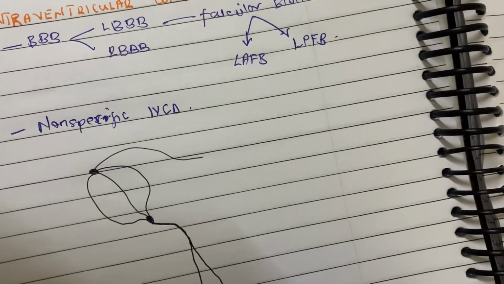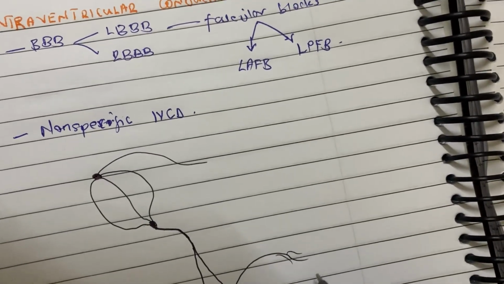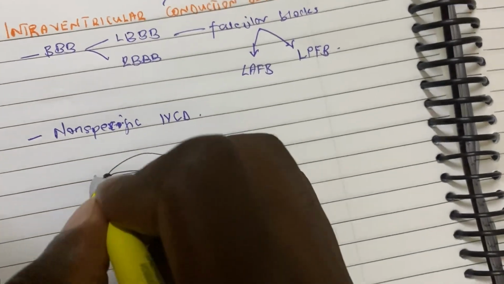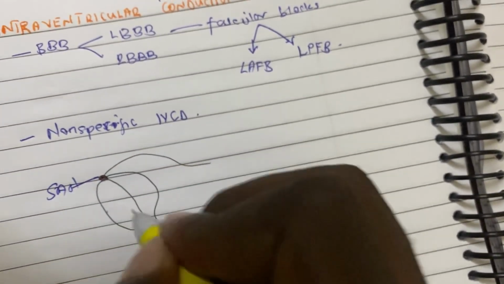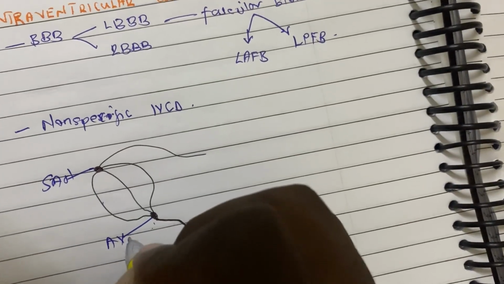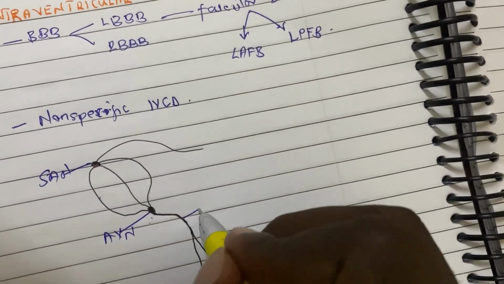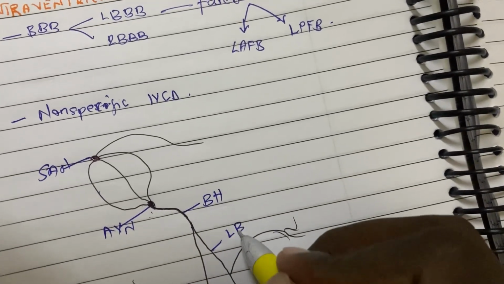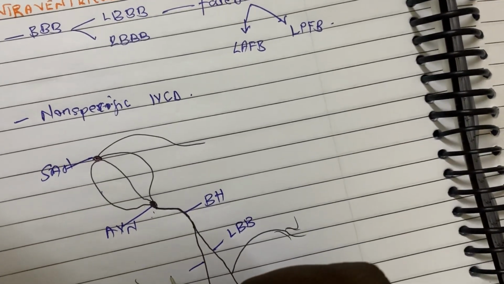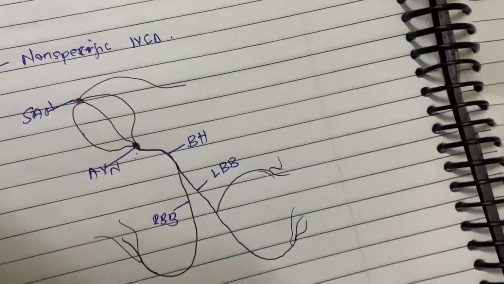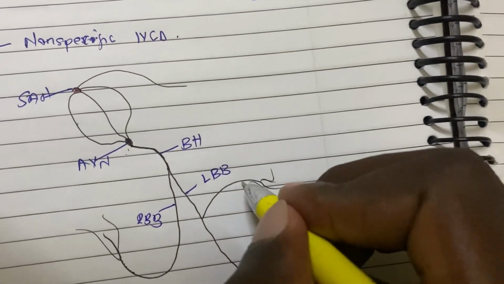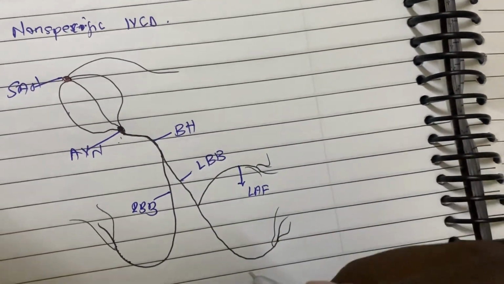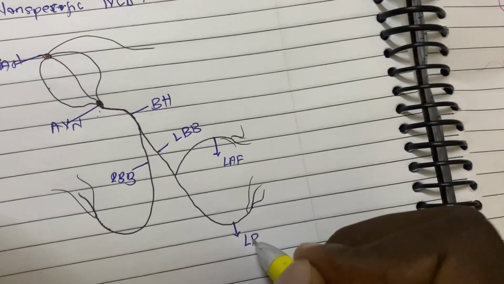The left bundle branch gives two branches. So this is the SA node, this the AV node, the bundle of His, then the left bundle branch and the right bundle branch. And then depending on where you read it from, this is the left anterior fascicle, and this is the left posterior fascicle.